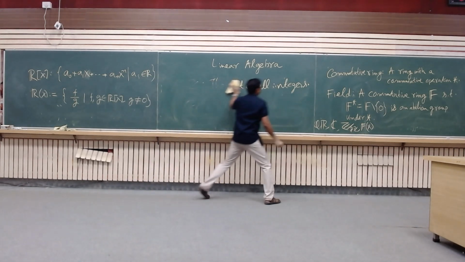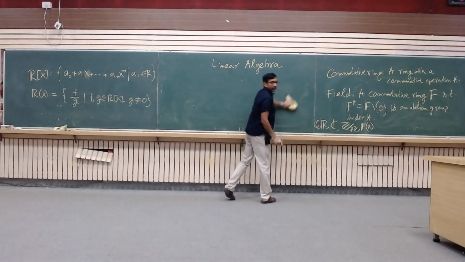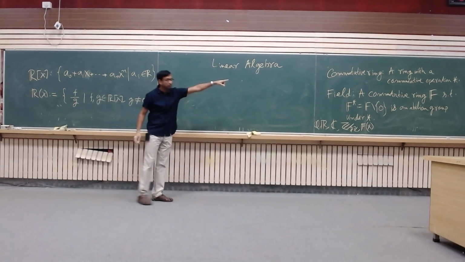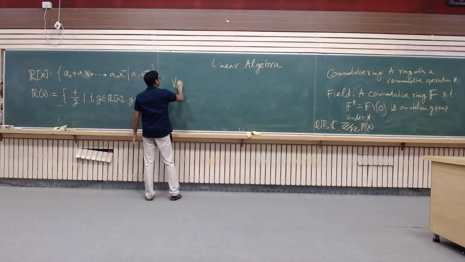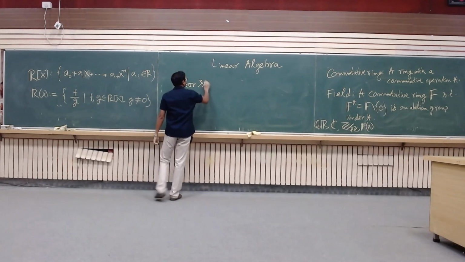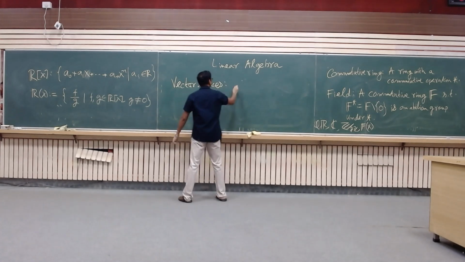Okay, so now, we wrote the set of integers as an example of a commutative ring. So if you have not put it down in your copy, please do. Vector spaces. What are they?